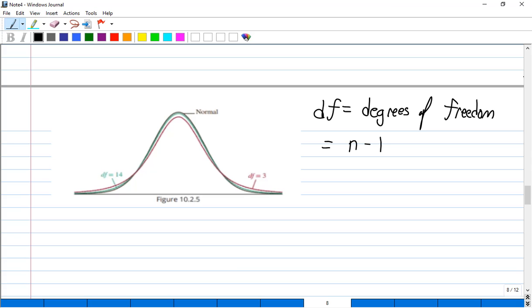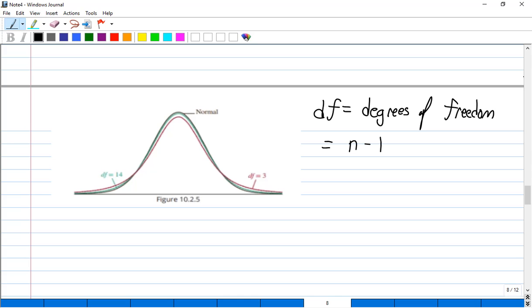So you can see how easy it is to find degrees of freedom, right? So if my sample size is 4, I have 4 items, my degrees of freedom will be 4 minus 1, or 3. Okay. Very easy to figure out degrees of freedom. However, very important that we can find degrees of freedom.